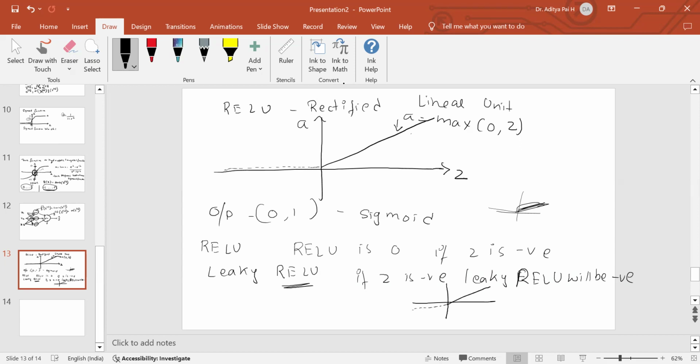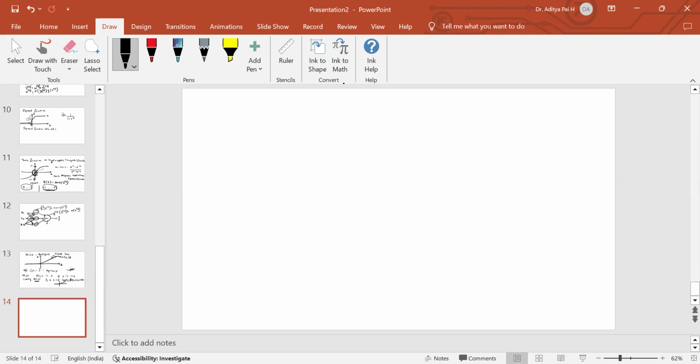To sum it up, the sigmoid curve is like this. If your z value is negative, it will be tending towards 0.